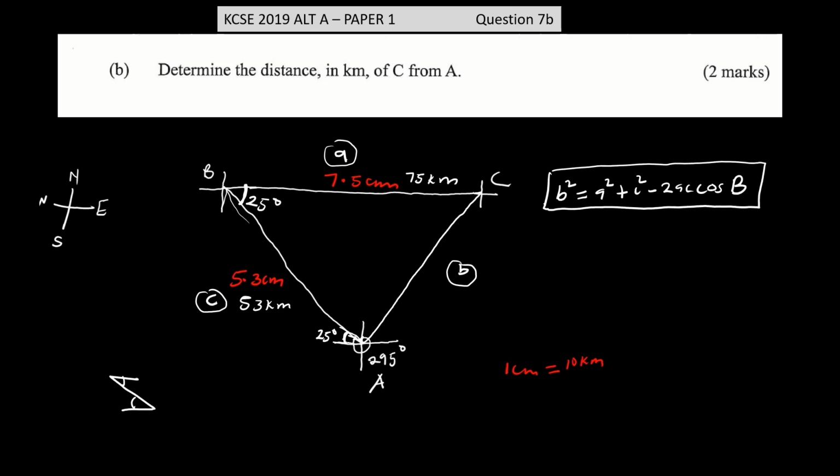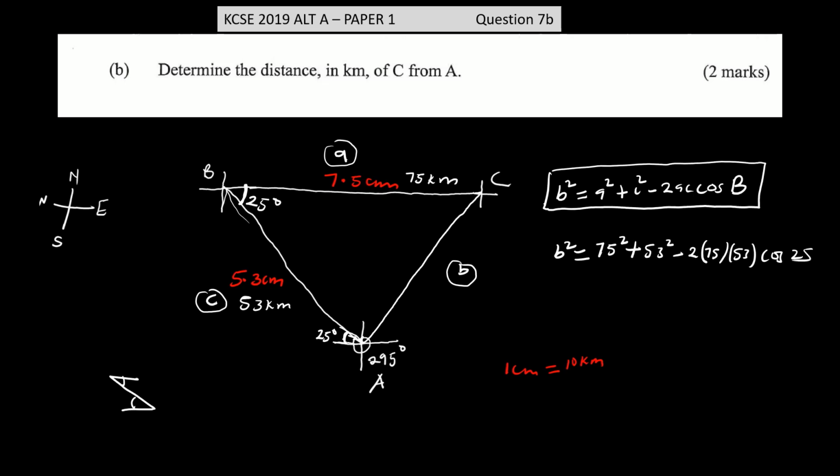Therefore, we can go back to our question, which is B square equal to A square, which is 75 square, plus C square, which is 53 square, minus 2 times 75 times 53 cos 25.